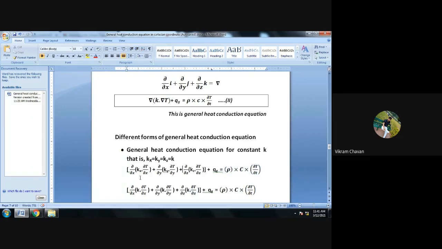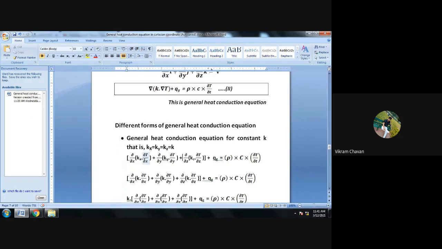Now in this equation we have assumed that kx is equal to ky is equal to kz. So instead of kx, ky, kz we are going to put only k.